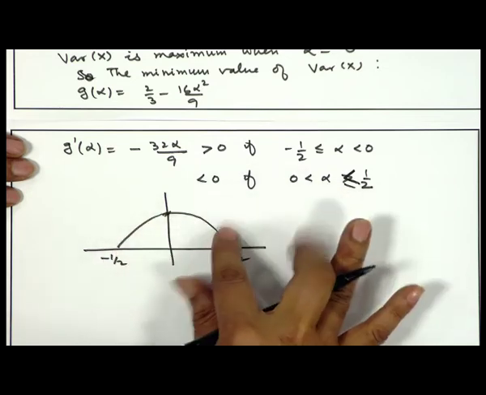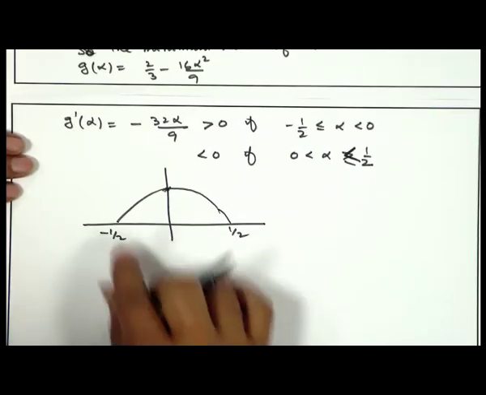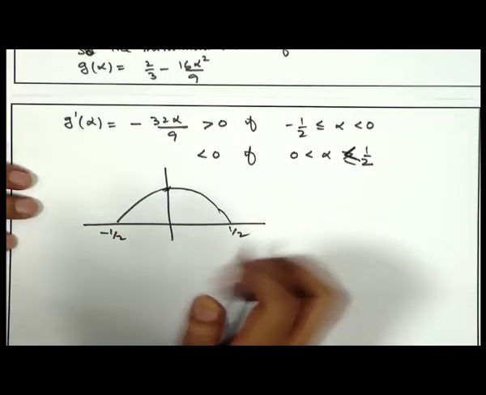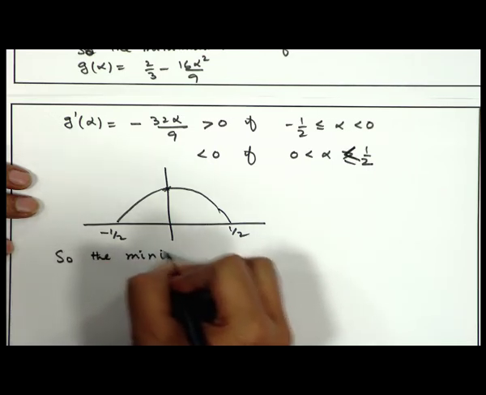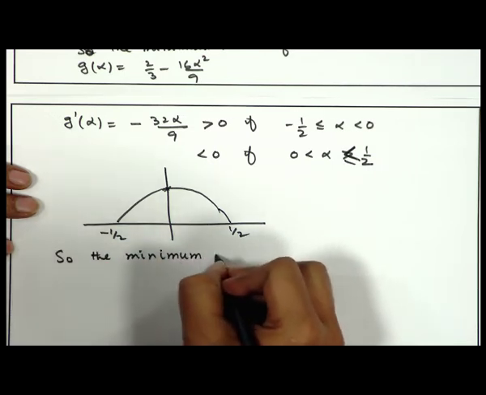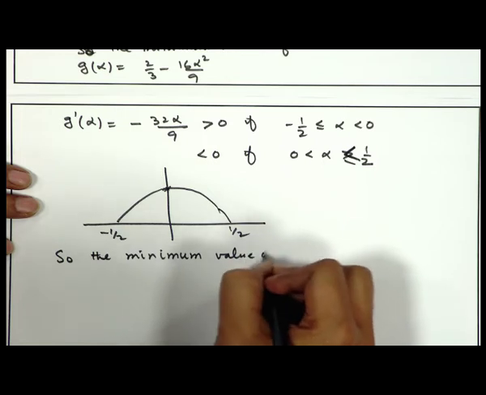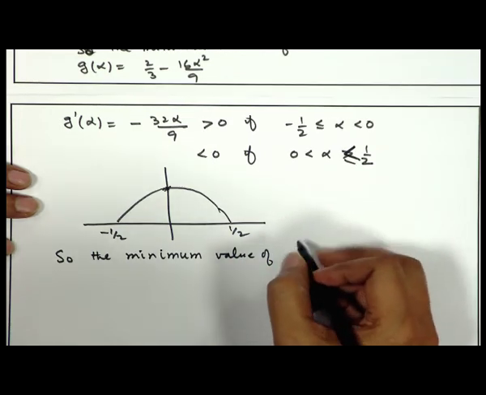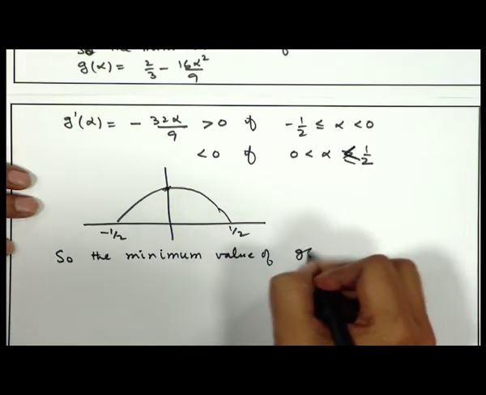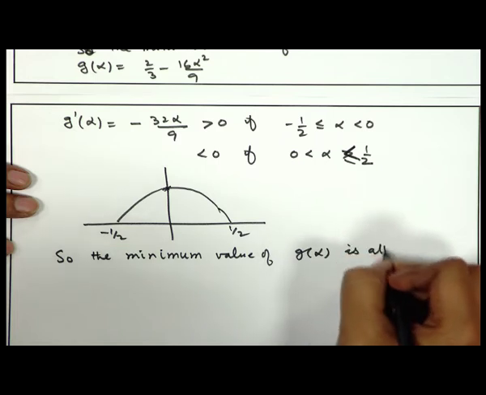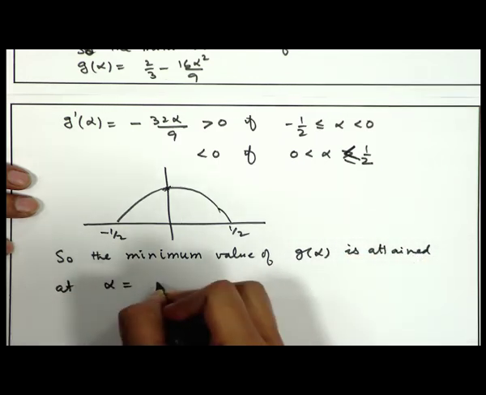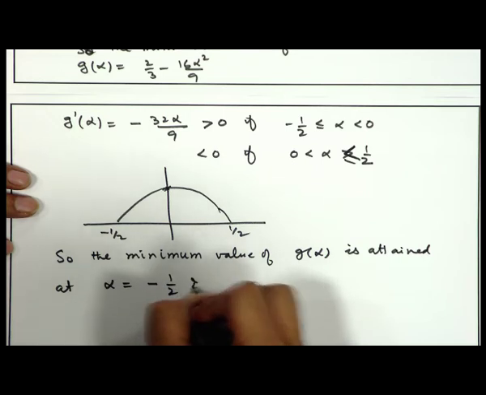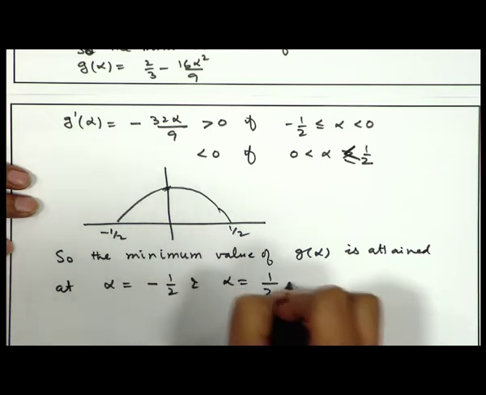The function is like this, and in fact the value at minus half and plus half is equal also. So, the minimum value of g alpha is attained at alpha is equal to minus half and alpha is equal to plus half.